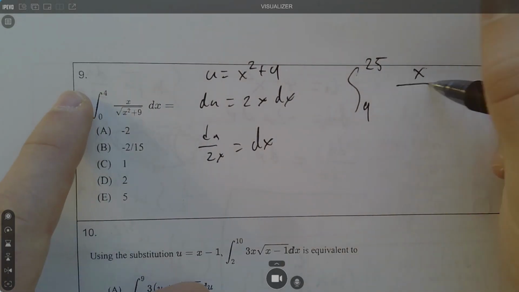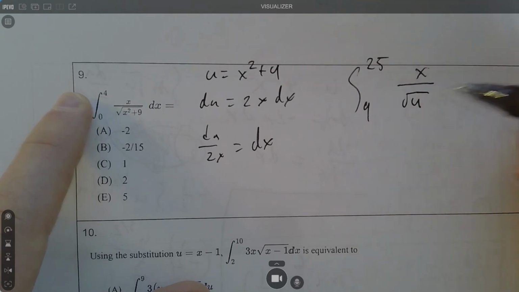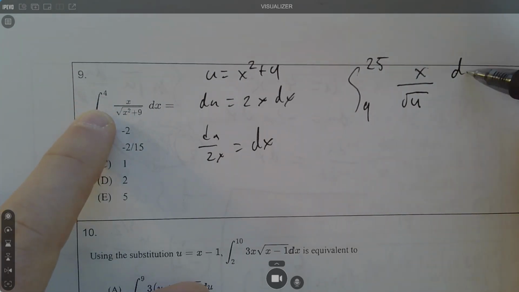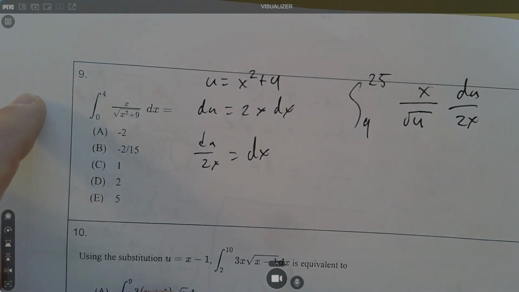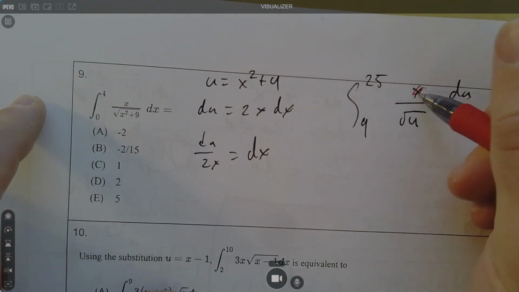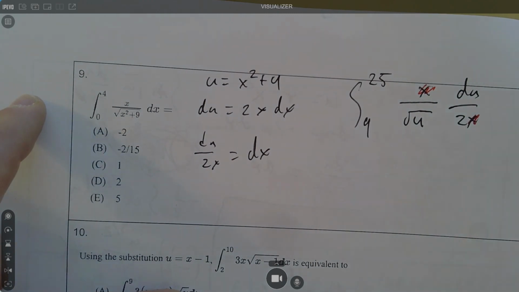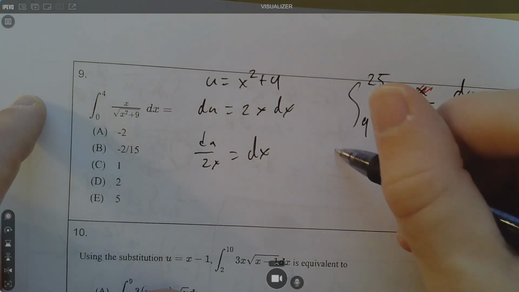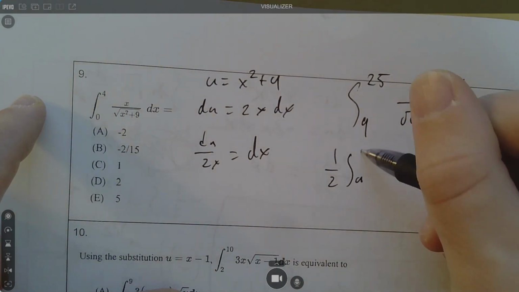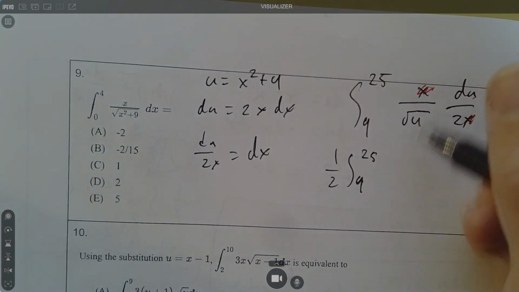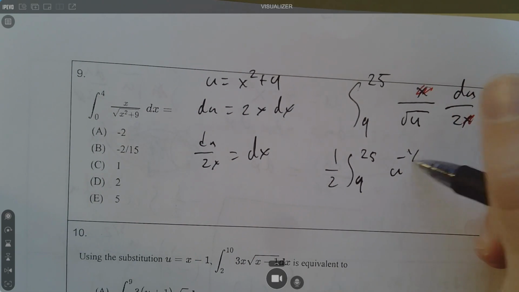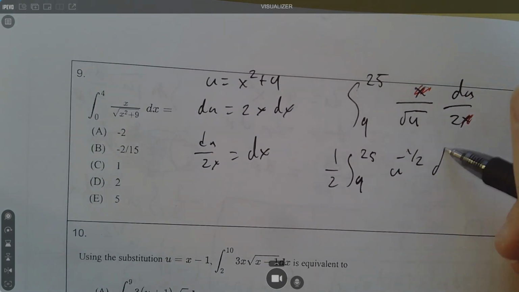X over root u du over 2x. Cancel the x's out, and then it's going to be 1/2, 9 to 25. I'm going to convert this to u to the negative 1/2 du.